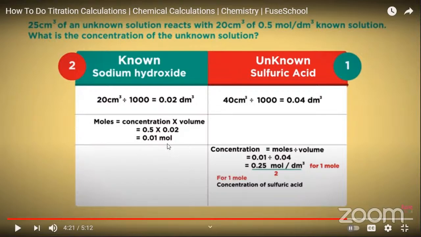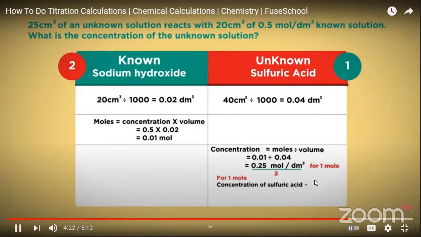Here we have 2, meaning that 2 moles of sodium hydroxide will react with 1 mole of sulfuric acid. So when you get this, you halve it, you get the moles of sulfuric acid that reacted. It is those moles that you will divide by 0.04, which is the volume. The answer you get will be the final answer there.